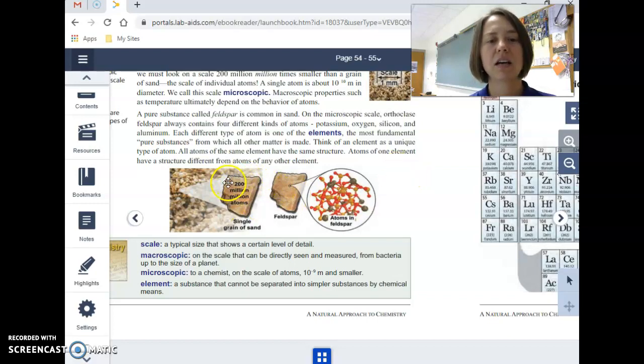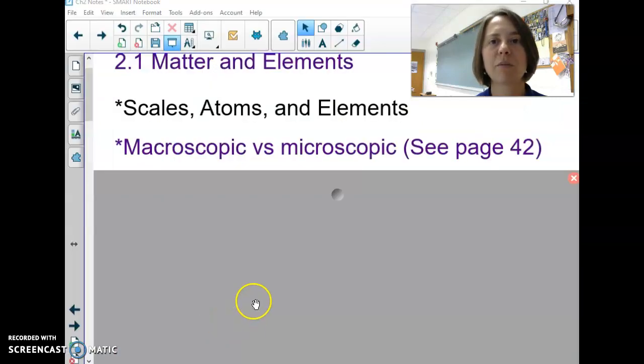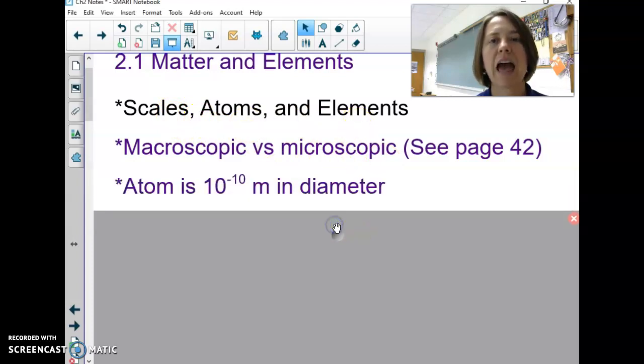And they have a nice illustration here where you have a single grain of sand, and feldspar is a mineral that is often in sand, and then you can see the atoms in feldspar. Coming back to our notes, and again remember you don't have to write what's in purple, but you should write what is in black. So an atom, how big is an atom? It is 10 to the negative 10th meters in diameter.